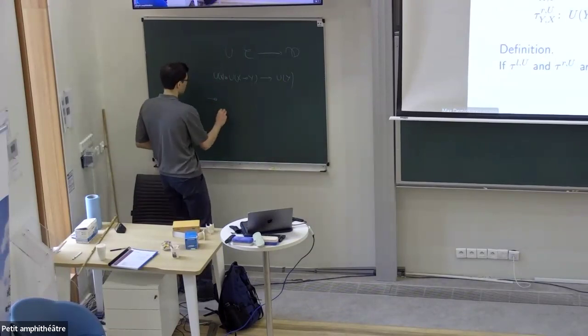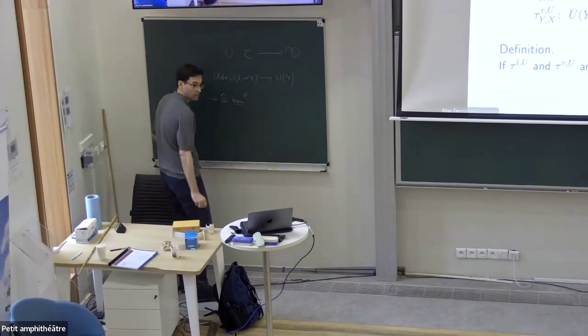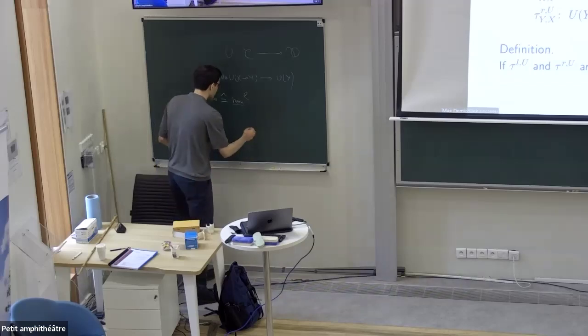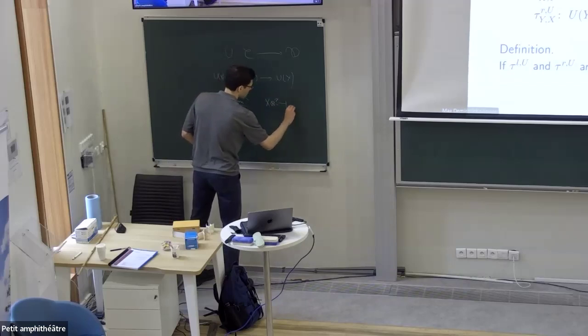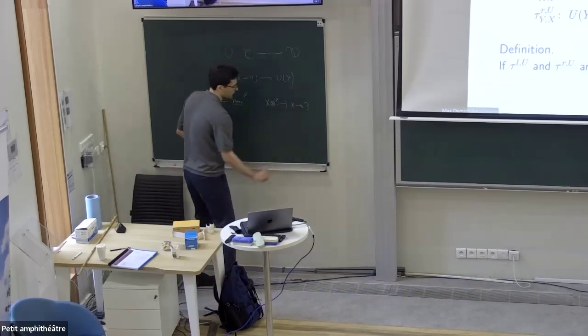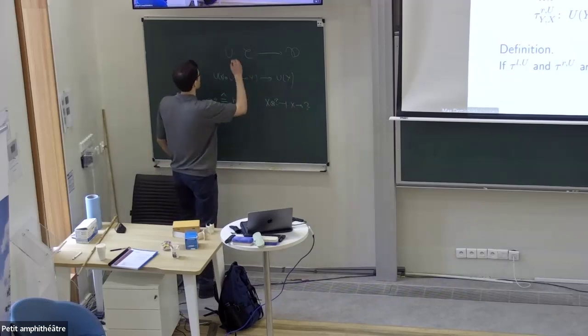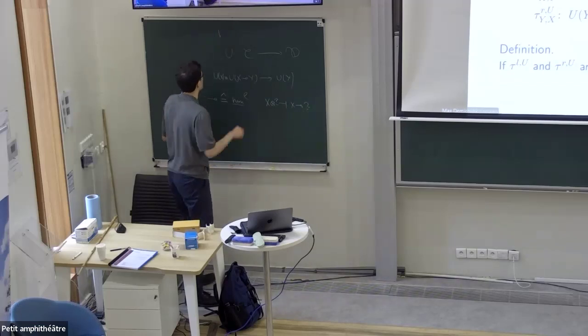This means left internal Hom, which you defined via the functor x tensor minus being left adjoint to this one. Maybe you could write the formula for the internal Hom, which was on the previous slide, in terms of the duality functors. Yes, of course.